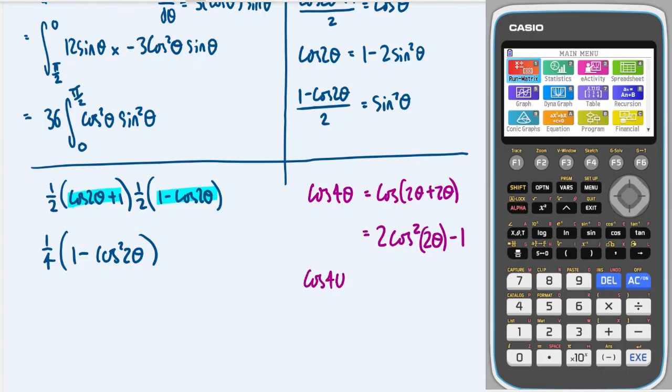So this will give me (cos 4 theta plus 1) divided by 2 is equal to cos squared 2 theta. And now I can replace that over here. So I will get 1/4 (1 minus 1/2 (cos 4 theta plus 1)).